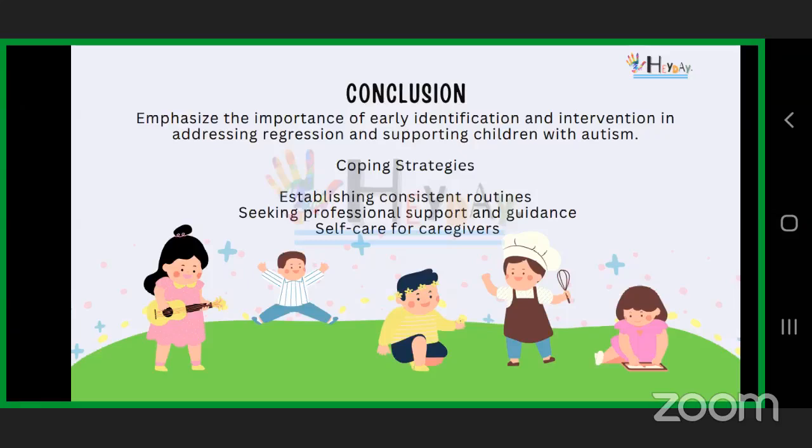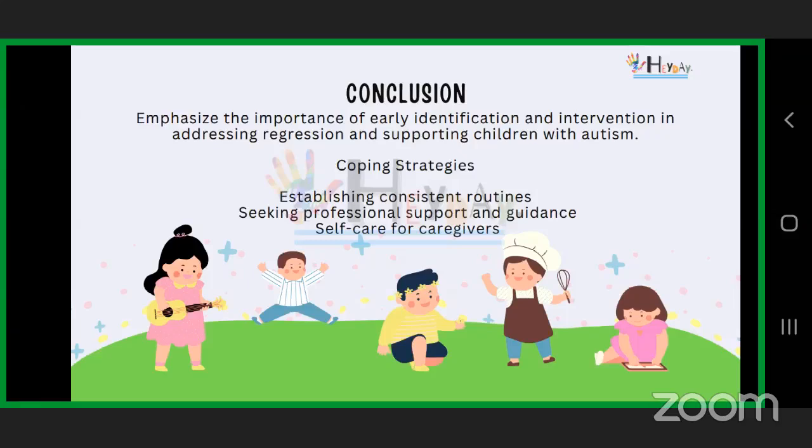So in conclusion, let us all emphasize the importance of early identification and intervention in addressing regression and supporting children with autism.